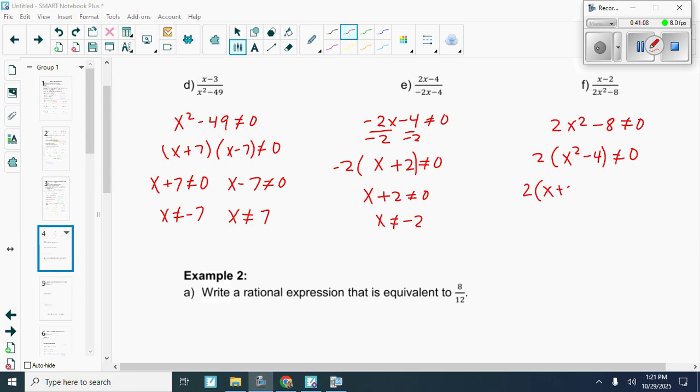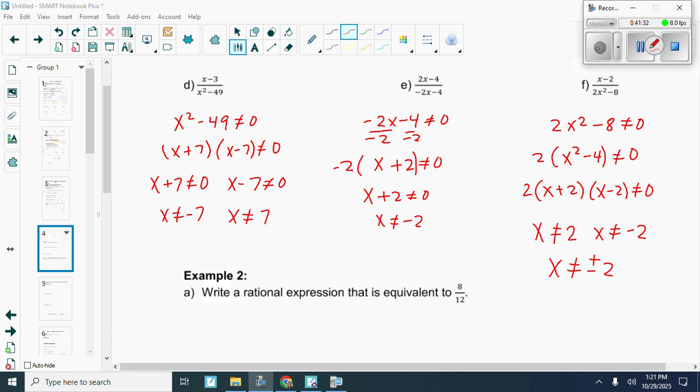x plus 2, x minus 2 cannot equal 0. So this one I am okay if you guys want to say x cannot equal 2, x cannot equal negative 2. That's one way that you could write it, which is great. Some of you said x cannot equal plus or minus 2. That's also great. You can just stack them.